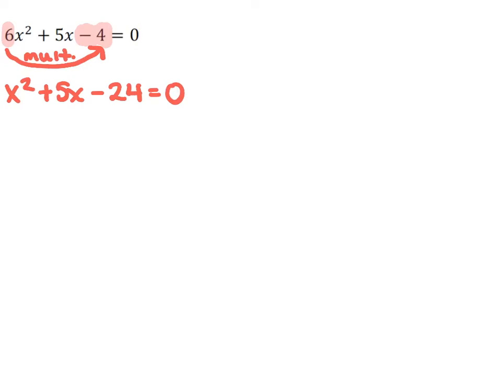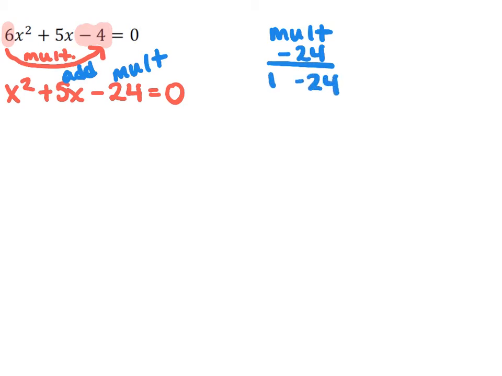Now you need to find two numbers that will multiply to negative 24 and add to 5. So if I list the possible numbers that will multiply to give you negative 24, remember since we're multiplying to a negative, it's going to be a positive and a negative. So you could have positive 1, negative 24, negative 1, positive 24.